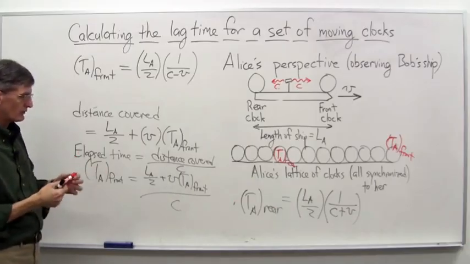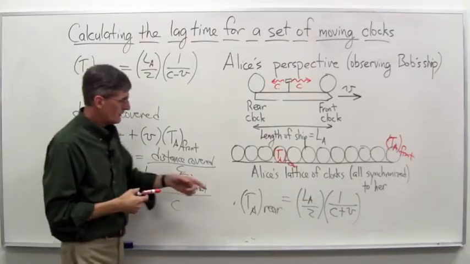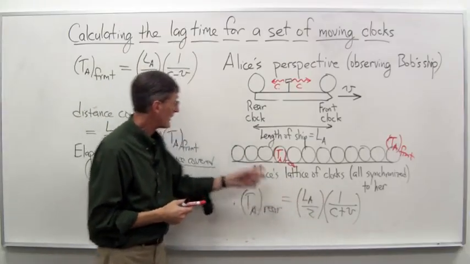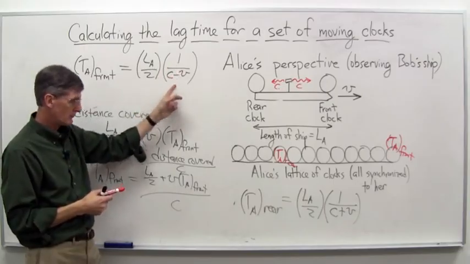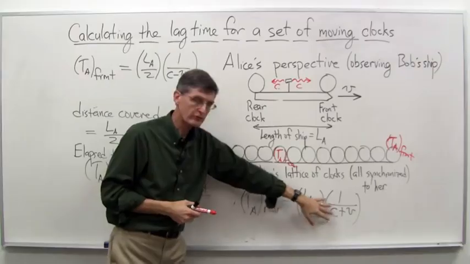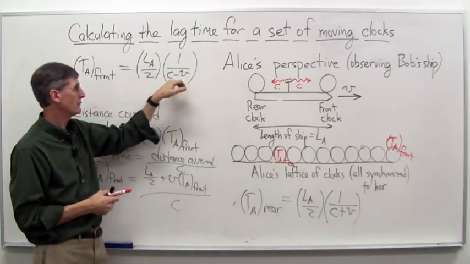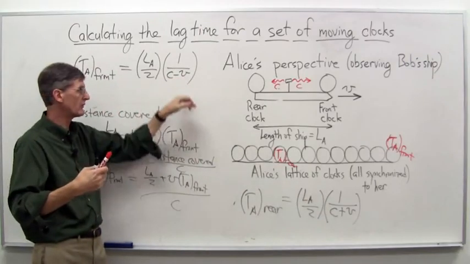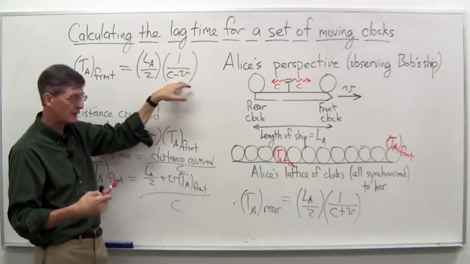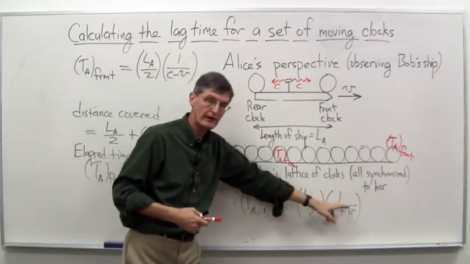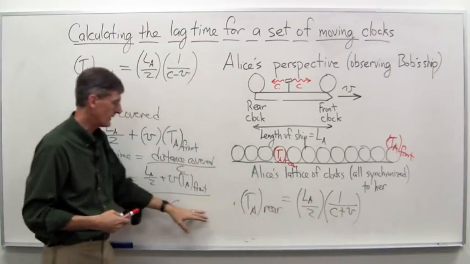So there's a C minus V here instead of a C plus V in the first case. And note also, just to check this, I've got LA over 2 in both cases. 1 over C minus V compared to 1 over C plus V. This is going to be a bigger number than this, right? I'm taking C and subtracting some other velocity from it, so this will be a small number, and 1 over that will be bigger than if I add the velocity. And that makes sense.